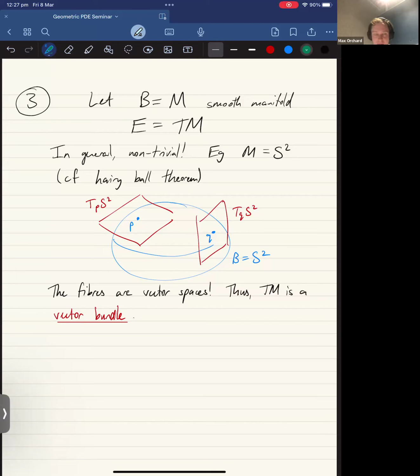So the last thing I wanted to quickly define before we get into G bundles is a section, because this is how we look at fields.